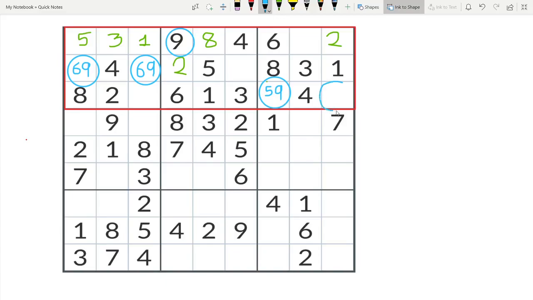Same way over here, this cell can have either number 5 or number 9. Again, if I'm able to figure out one of the two cells is number 5, then the other one has to be number 9.